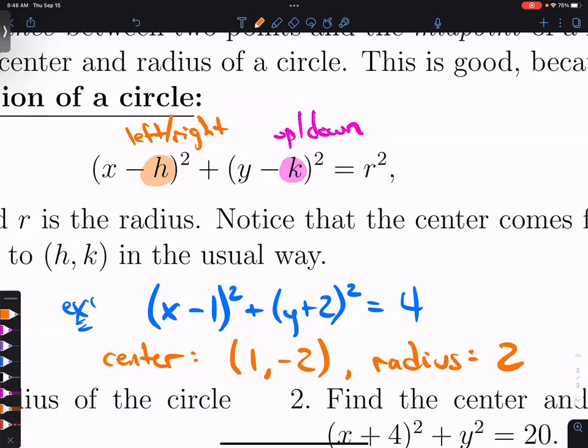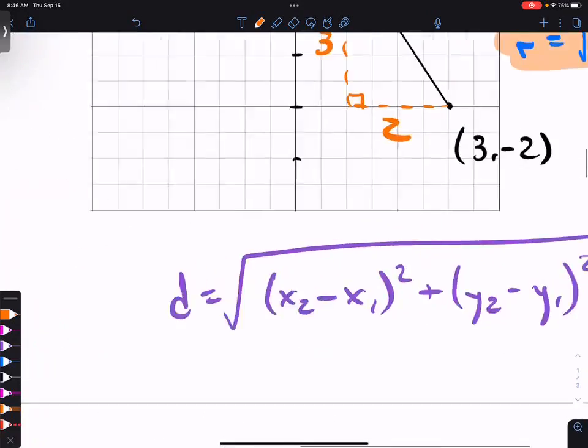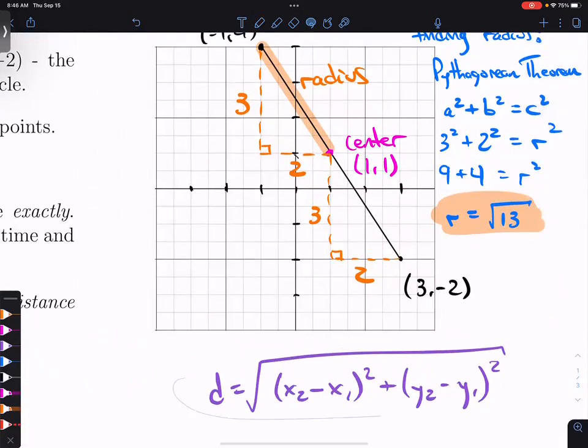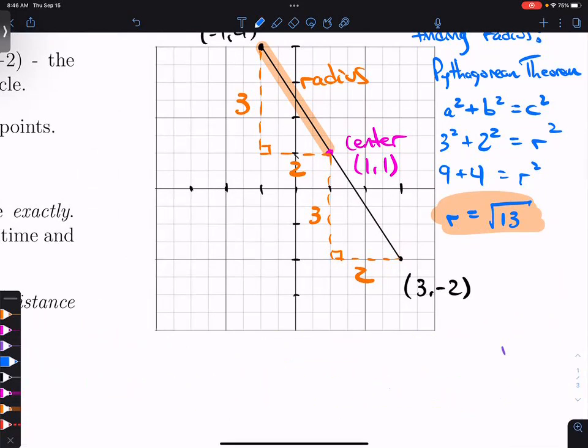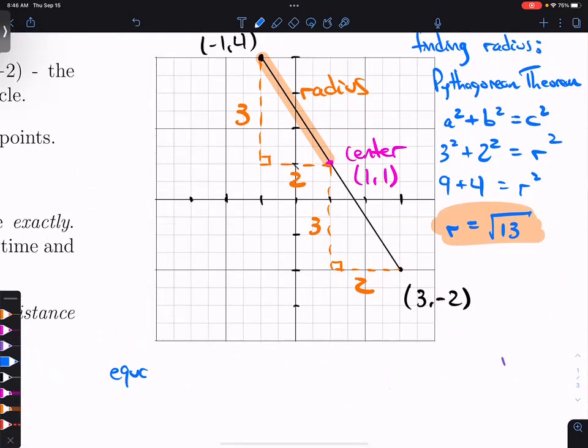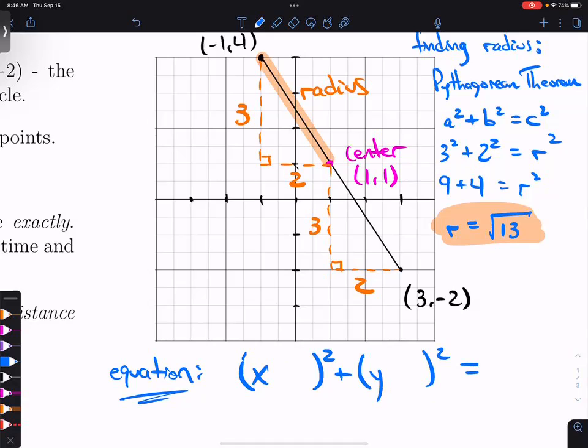All right, so what's the equation of that circle that we just looked at here? Its center is (1, 1). So the squared part should be x minus 1 or plus 1? Minus 1, yeah. Shifting 1 to the right.